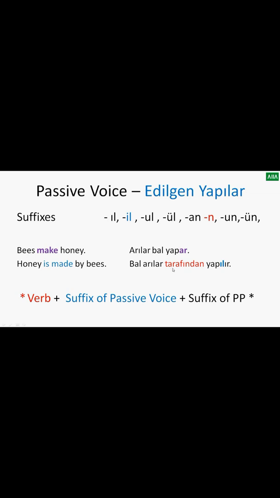You must know this actually. Tarafından. Okay. So again, to see the formula how we make passive voices in Turkish, verb after suffix of passive voice. And of course here, what I'm saying is don't forget to put the tense suffix here in Turkish and after suffix of personal pronoun. All right, that's all I can say about this lessons.